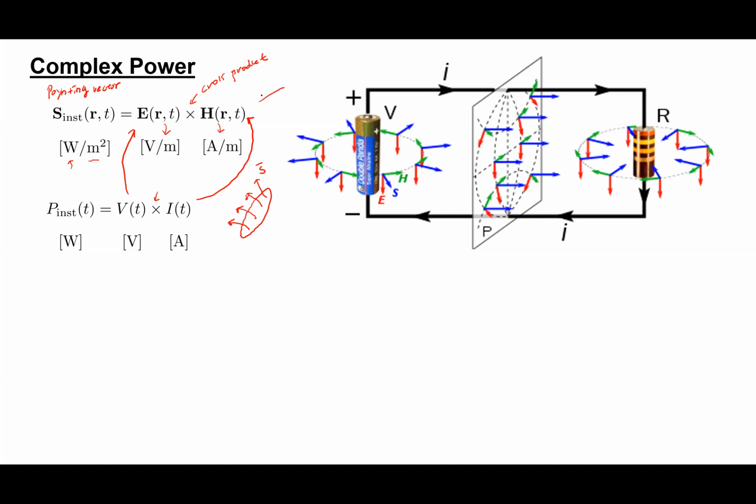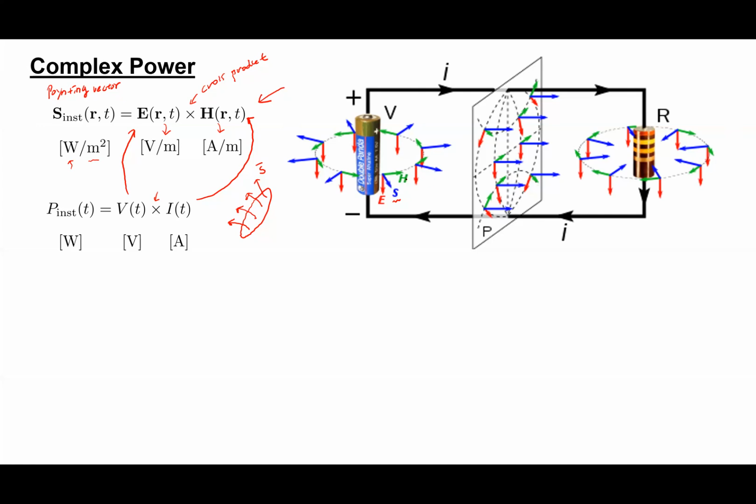based on this equation, we can also use the right-hand rule to see the direction of the Poynting vector or power density. So we can use our right-hand rule from electric field to magnetic field. Then we have the direction of the power.